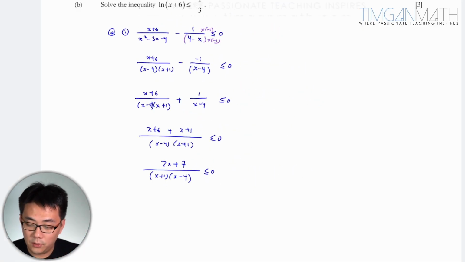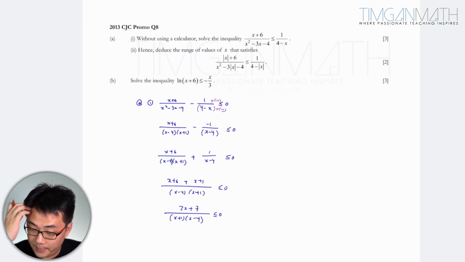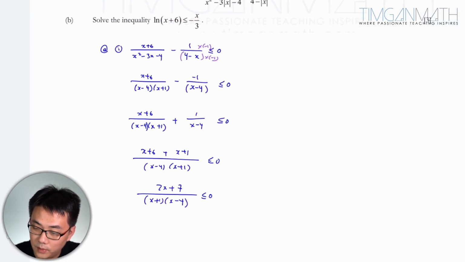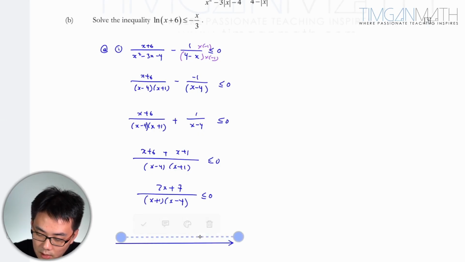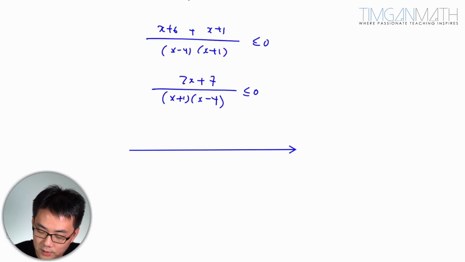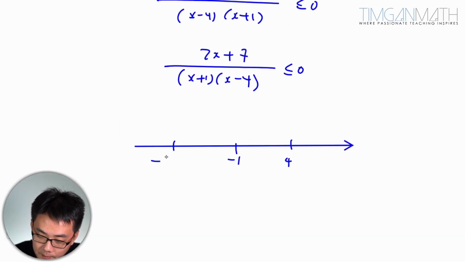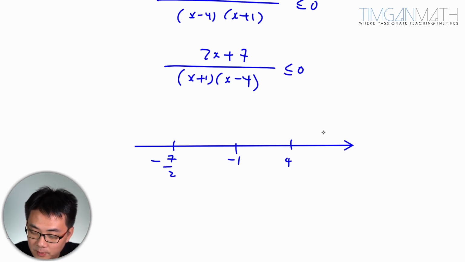Then you can do your inequality there. The critical points are 4 and negative 7 over 2. Take a test point: a very big value is positive here.